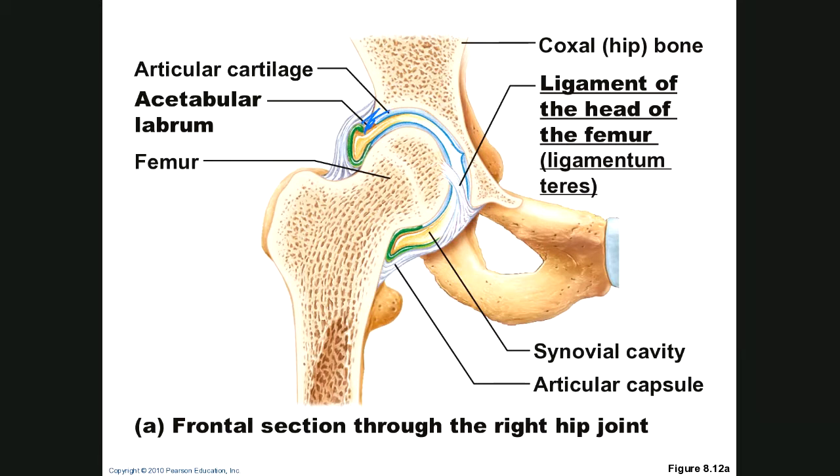Here's our femur. Now this is something important. This is the ligament of the head of the femur. It's also called ligamentum teres. If the hip comes out of joint and you put the hip back in joint and fasten all these articular cartilages and any reinforcing cartilages, this ligament, as well as its arteries and veins and nerves, are going to be difficult to replace and put back in place.